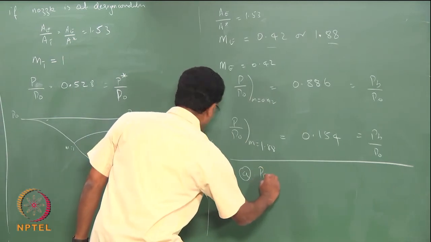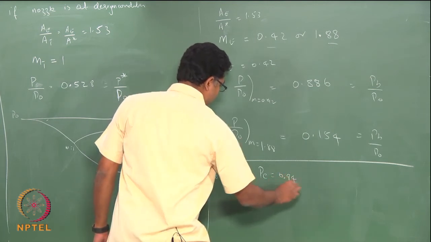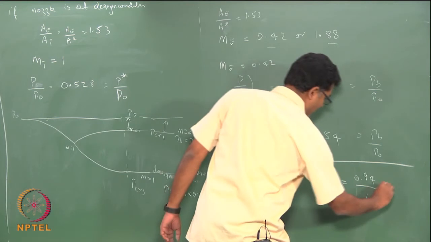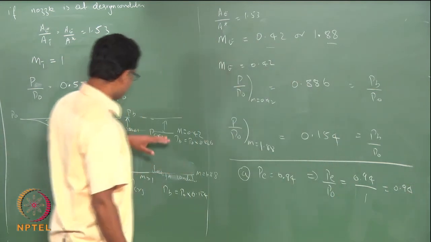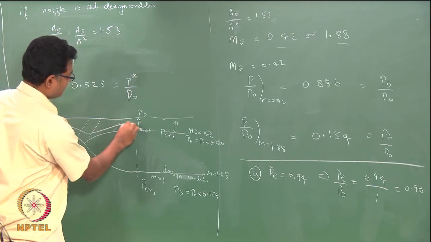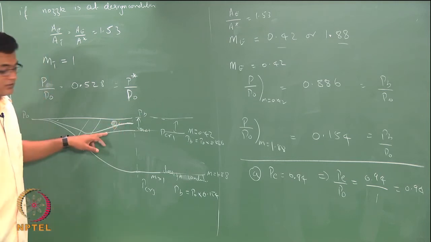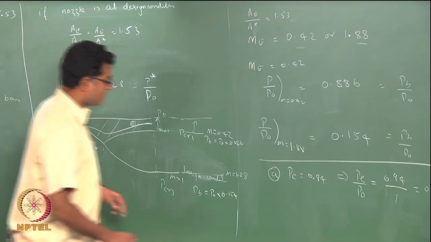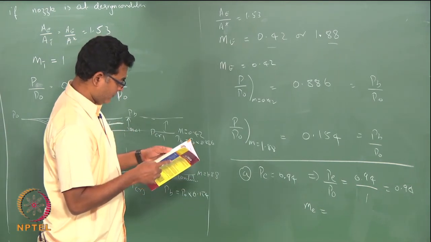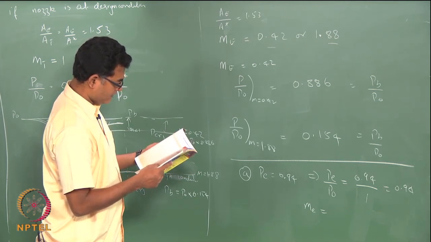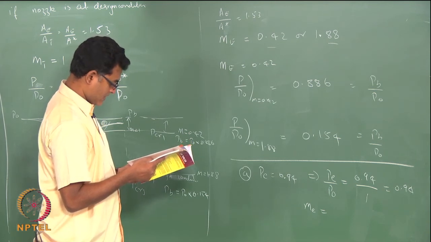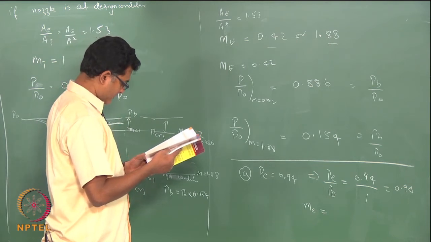Okay. So, let us check the first value. A is P exit equals 0.94. So, my PE by P0 is 0.94 divided by 1, which is 0.94, which is greater than this, which means it is going to lie in this region, some curve here is going to be your case A. And the Mach number associated with P exit by P0 of 0.94: I take the tables, look for 0.94, which is 0.3.